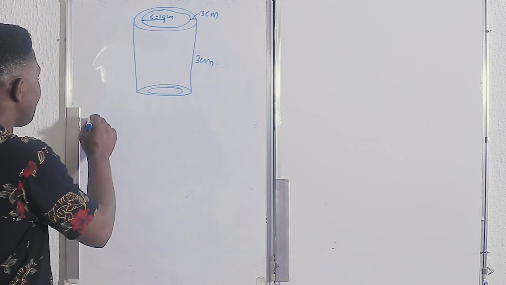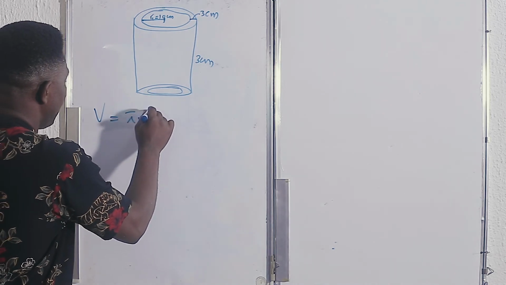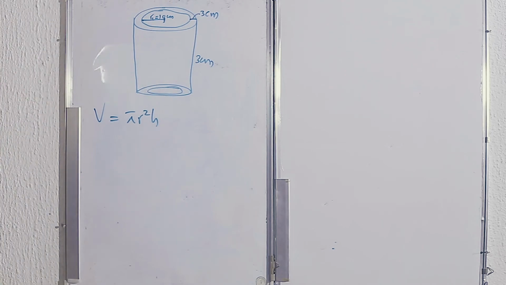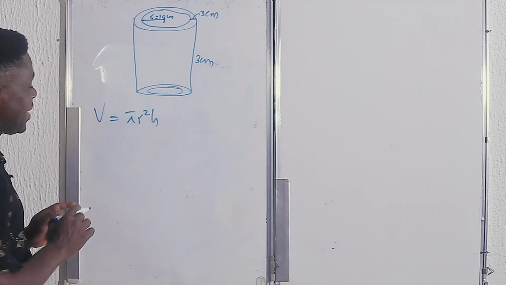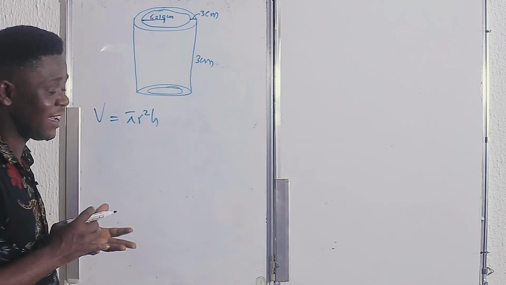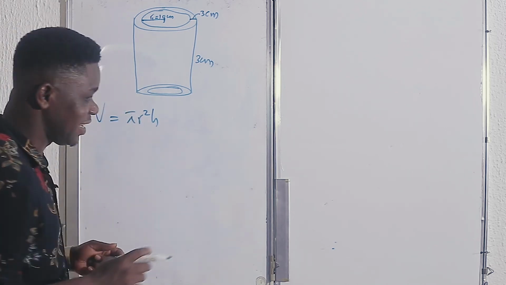Now the volume of a cylinder is given by pi r squared h. The volume of the metal is going to be the volume of the external cylinder minus the volume of the internal cylinder.